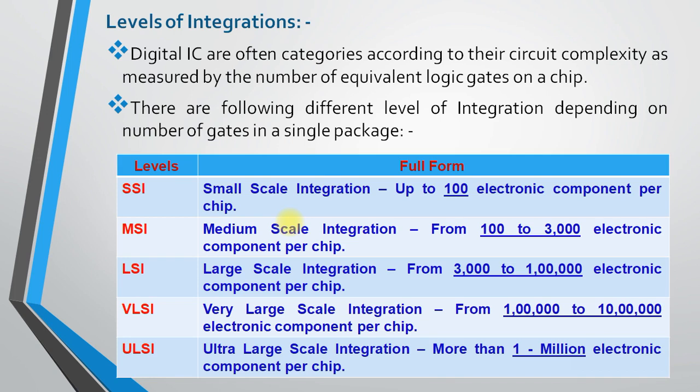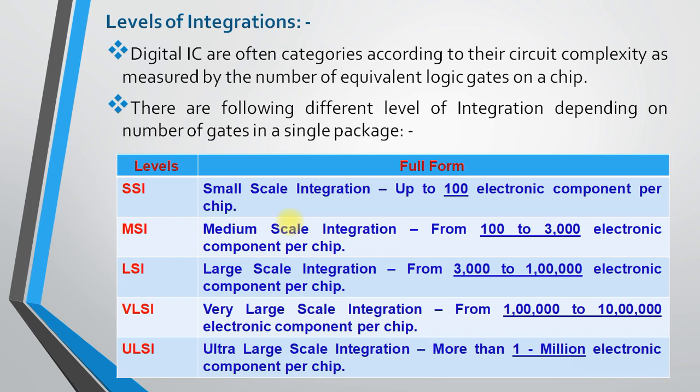Over here, this particular slide is the representation of levels of integration. Now let me read out the first 2 points. Digital ICs are often categorized according to their circuit complexity as measured by the number of equivalent logic gates on a chip.